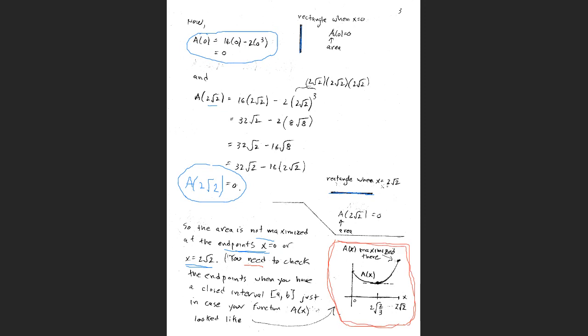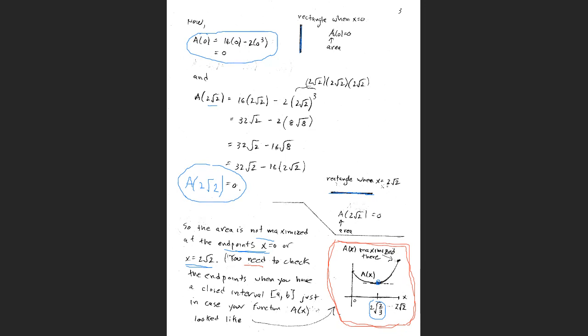You could have the case where 2 times the square root of 2/3 is the critical value because the derivative is equal to 0 at that x value. You can see the tangent line has a slope of 0 at that point, but it's not the absolute max.